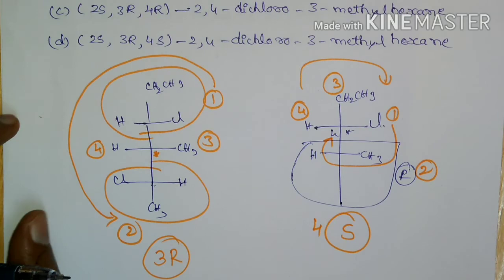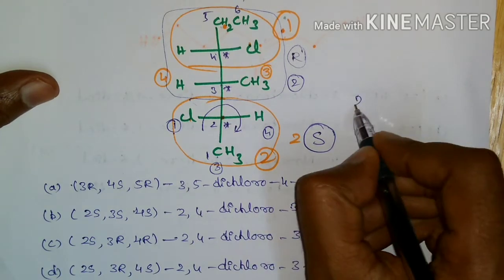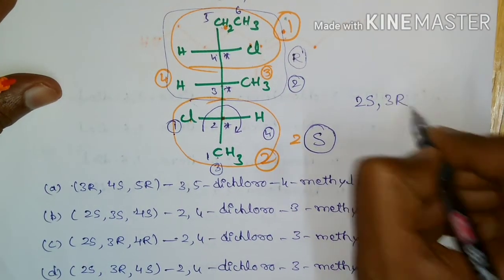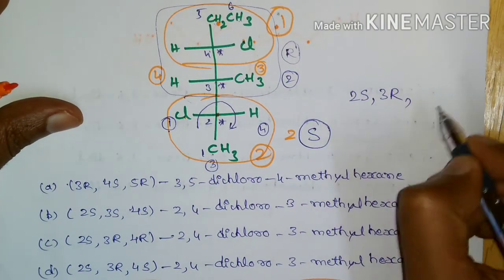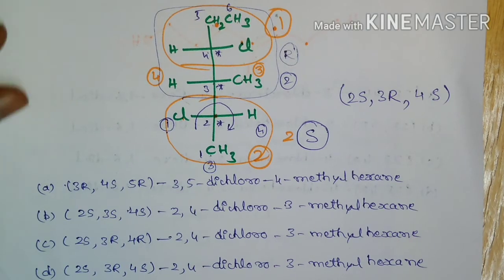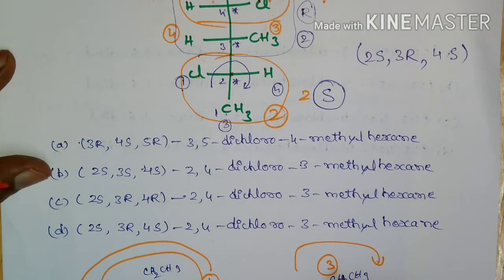So now the configuration at the second carbon atom is S, the third carbon atom is R, and the fourth carbon atom is S. Now we need to check in which option we have 2S, 3R, 4S.